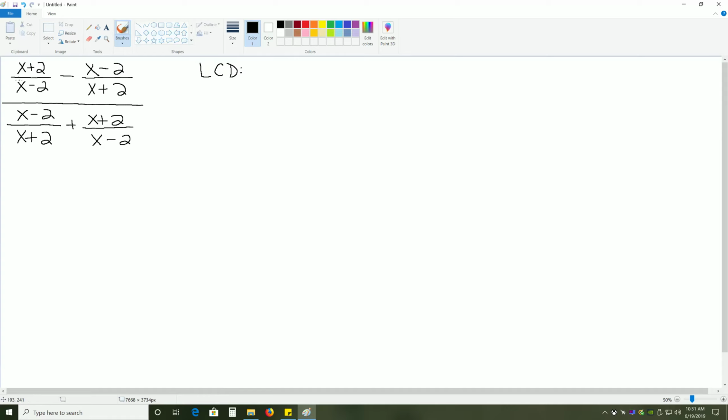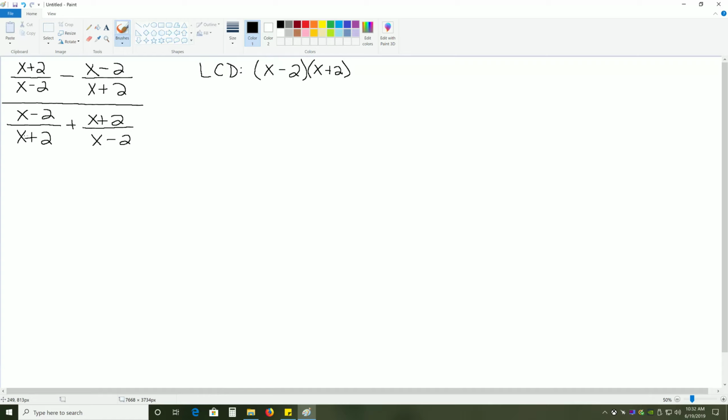So we'll start with our first factor, x minus 2, and then we'll check if any of the other fractions have something that we don't already have. So this second fraction has an x plus 2 that's different than x minus 2, so we're going to multiply it inside of our LCD.